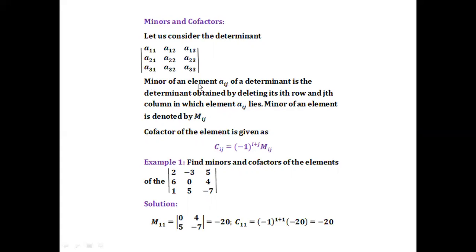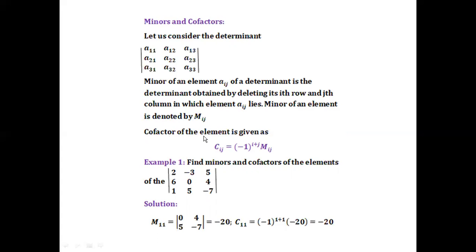Now the minor of an element Aij of a determinant is the determinant obtained by deleting the ith row and jth column in which the element Aij lies. The minor of an element is denoted by capital M suffix ij. Here i represents the row and j represents the column where the element is present.